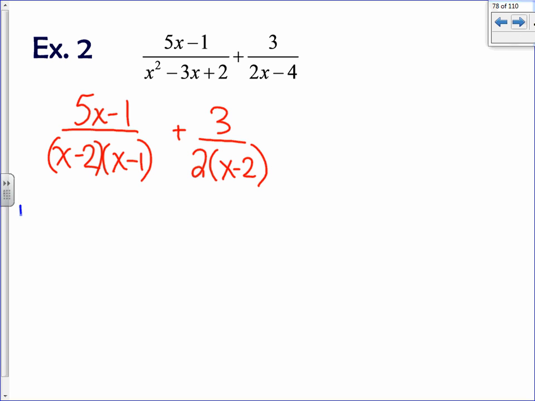So in this case, the LCD, again, you take each factor to the highest power that it is listed. So one factor is x minus 2. Another factor is x minus 1. Another factor is 2. And I'm going to write the 2 in front just because it looks weird in the back.